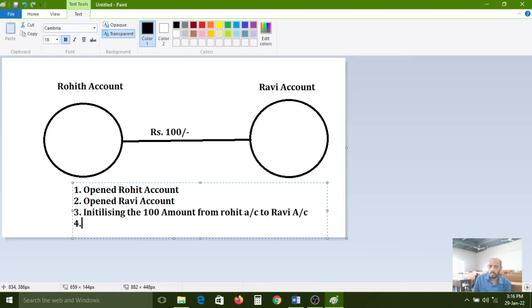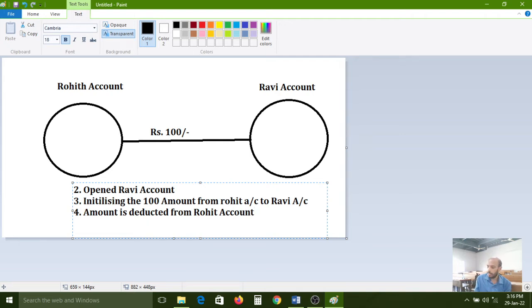After that, the amount is deducted from Rohit's account and credited to Ravi's account, 100 rupees.